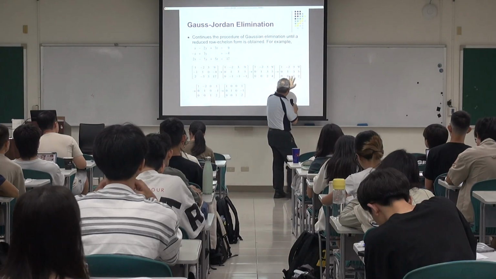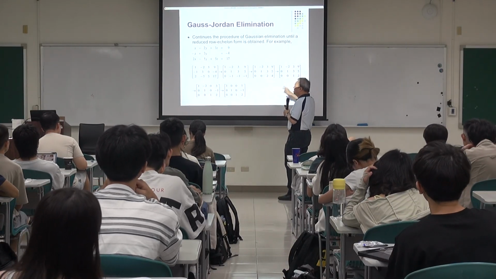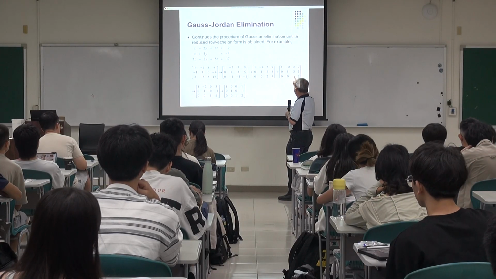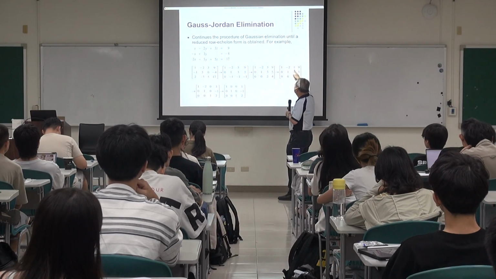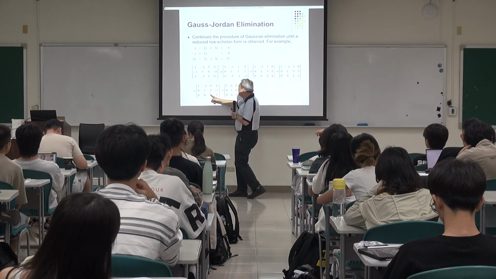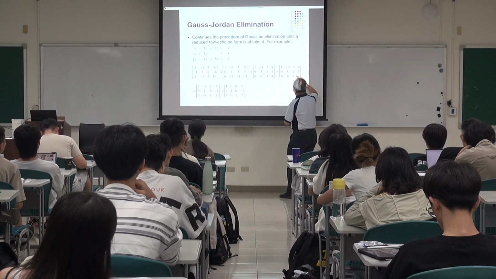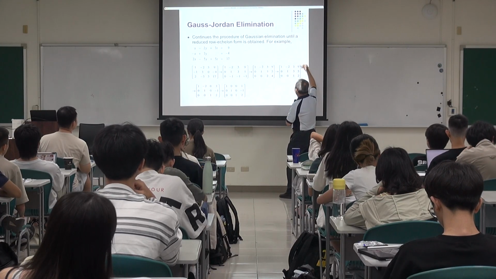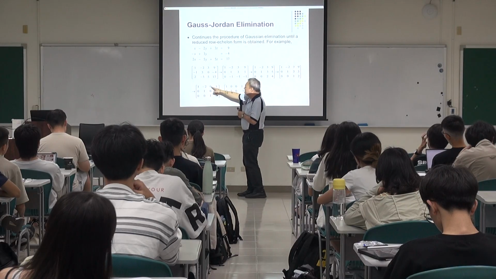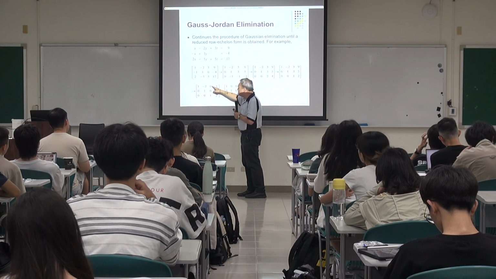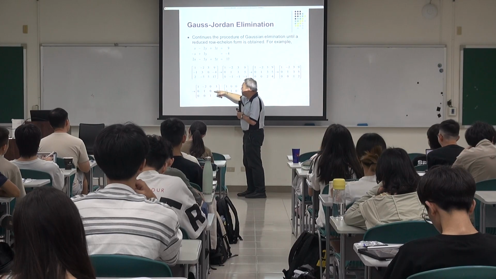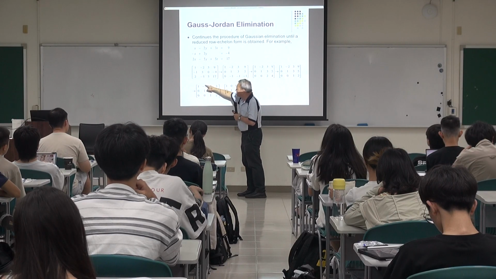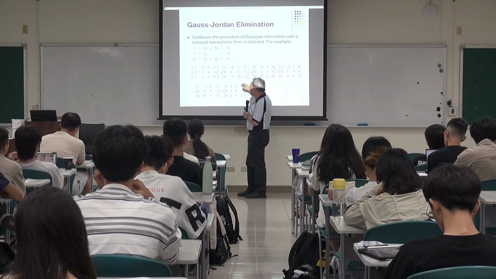And then we can try to get rid of the top non-zero terms. So first we multiply -3 to the last row, and then add to the first one, the second one, to cancel out these two. And after we do that, we multiply the second row by 2 and add to the first row, to cancel out this -2.